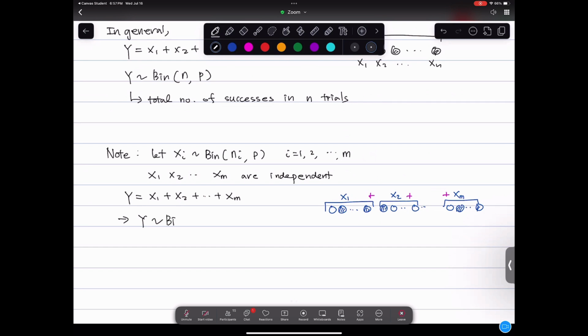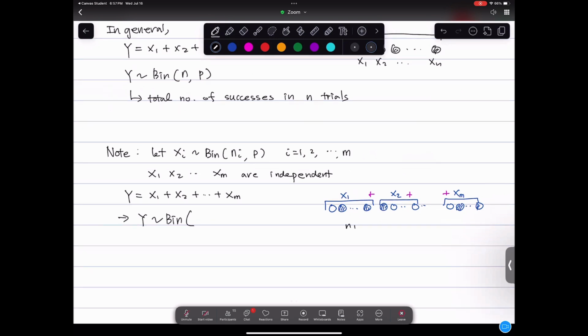How many total trials? We have n1 plus n2 plus n3, all the way up to nm. So the total number of trials is the sum of the ni's, i going from 1 to m, and the success probability doesn't change, it's still p. It becomes binomial. So that's also a general fact about binomial.